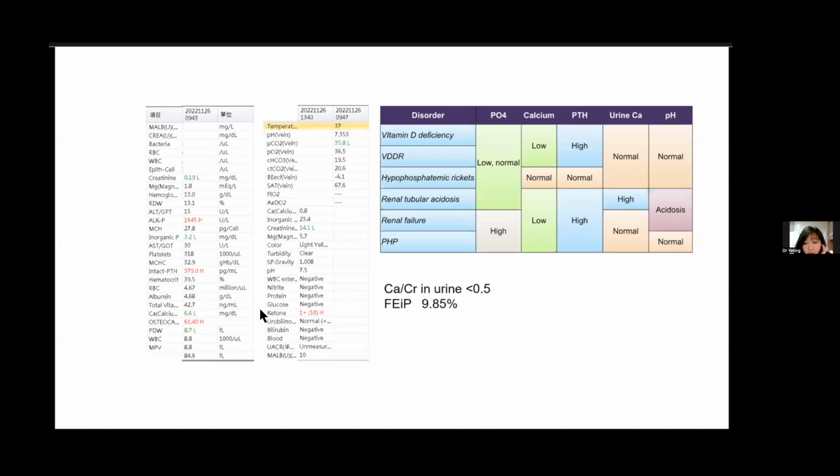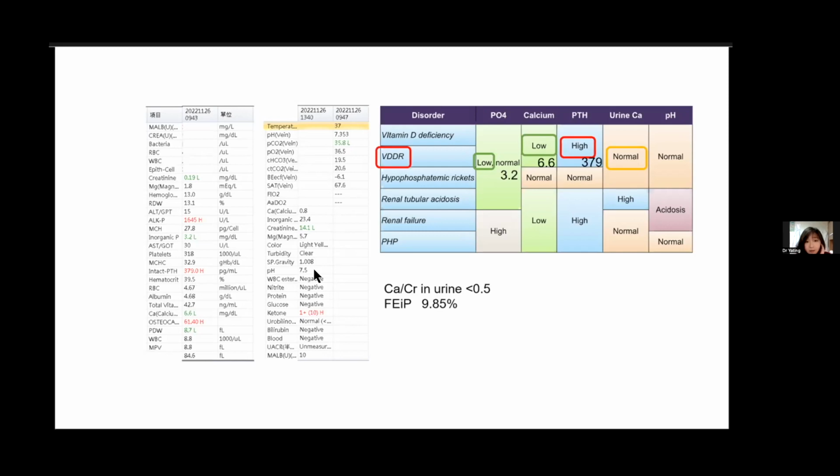Her first lab data showed low calcium level 6.6, low phosphate level 3.2, high intact PTH level 379 and high alkaline phosphatase level. Her urinary calcium excretion is normal, and the fractional excretion of phosphate is relatively high, 9.8%.